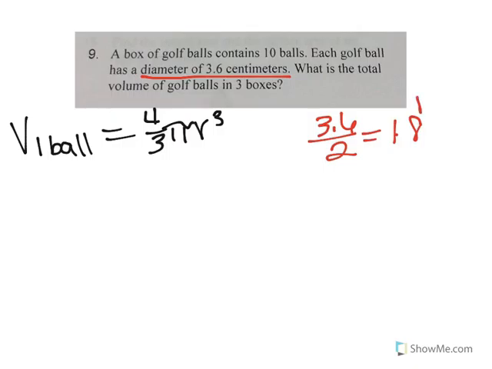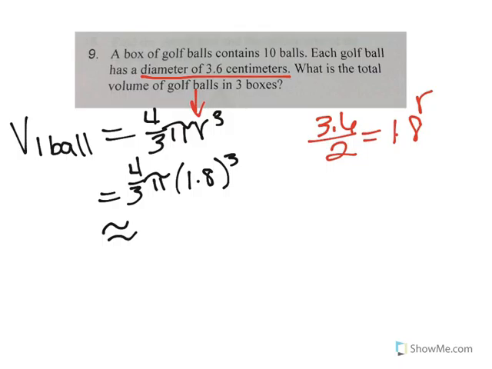And that is going to be your radius that you're going to plug in. Okay, so the volume of one ball is 4/3 pi 1.8 cubed, which is approximately 24.429 centimeters cubed.